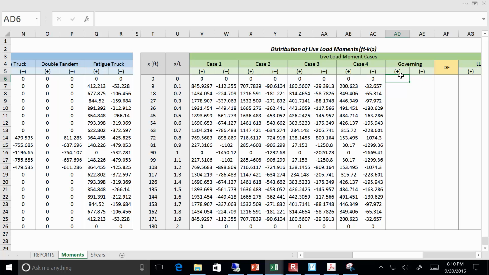So I'm going to say equals the max of, what do I have? That, and that, right? So that'll give me the largest positive bending moment that I can get from my live loads. Sound good? Everybody good? All right. And then we'll drag that down.